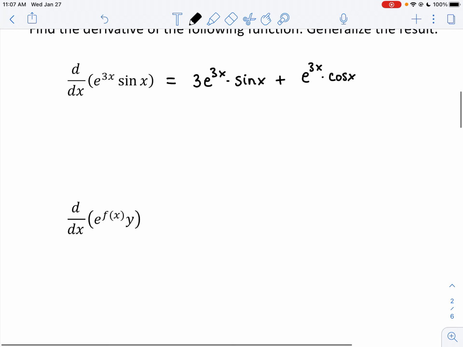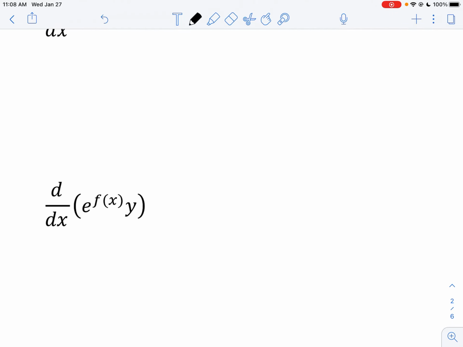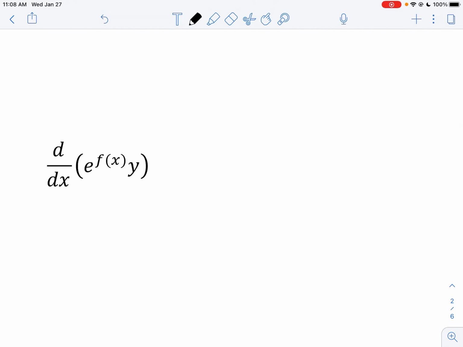Now, to generalize this, suppose we have e to the f of x times y, and I say find the derivative with respect to x. Well, because we're doing a derivative with respect to x, and there's a variable y here, we're going to assume that it is a dependent variable on x, that it's an implied function of x. We're just using y to represent it. So we do the derivative of the first factor. The first factor is e to the f of x.